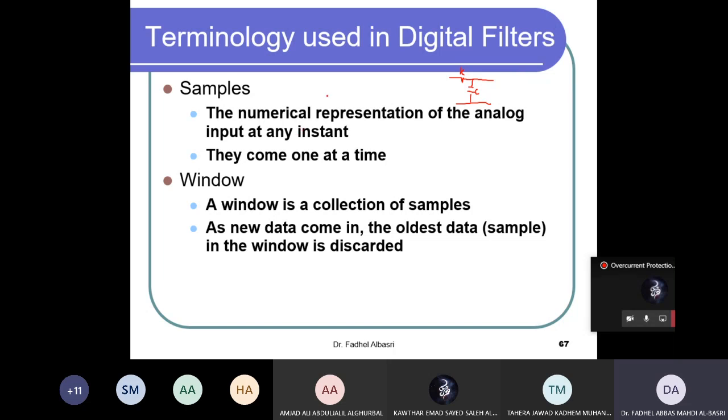In order to implement a digital filter, I need a number of samples of the input analog signal. Those samples that you will use to find the fundamental we call a data window. It's a collection of samples.